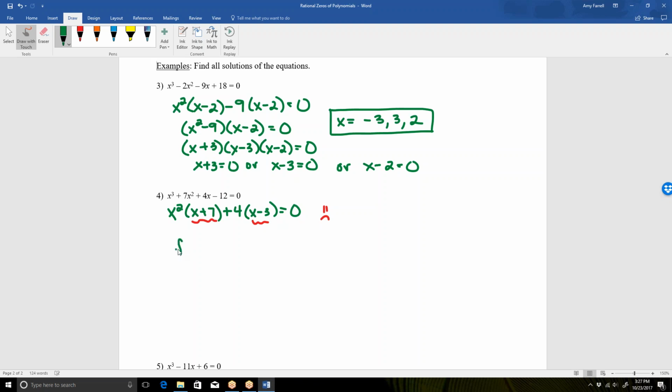So we've got factors of negative 12, and factors of negative 12 are plus or minus 1, plus or minus 2, plus or minus 3, plus or minus 4, plus or minus 6, and plus or minus 12. Then we look at the factors of 1, the leading coefficient.